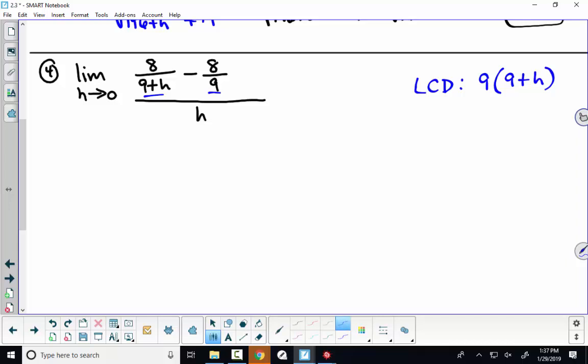Okay, so up top, if we multiply through by our LCD, we will eliminate both fractions. But again, if we multiply the numerator by that, we have to multiply our denominator by that.